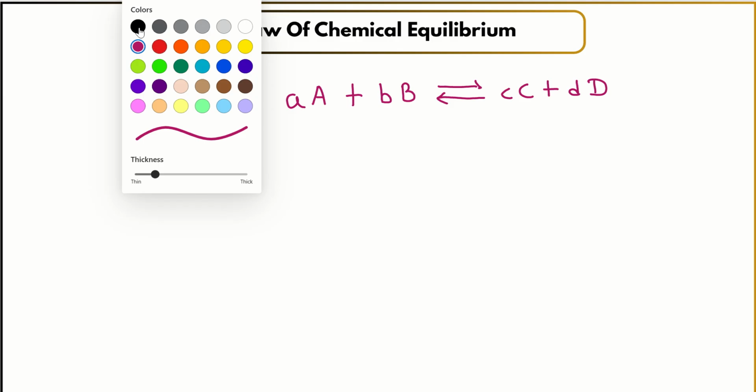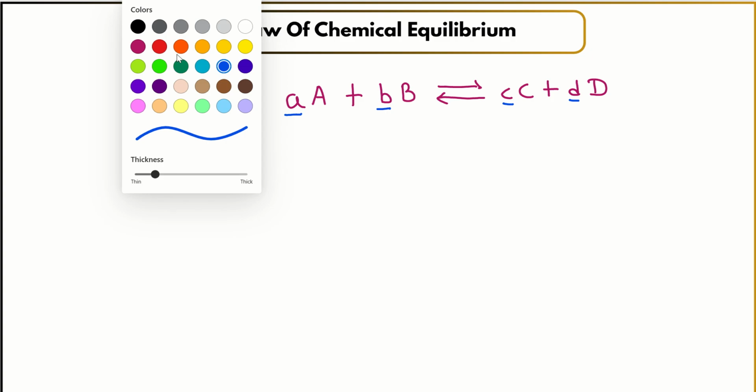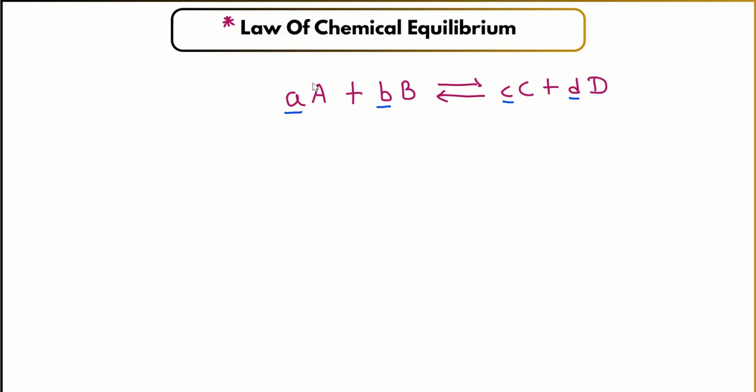As you can see, there are some small letters, small a, b, c and d, and these are the capital letters, capital A, capital B, capital C and capital D. So this reaction says that aA and bB will initiate the reaction of cC and dD. Now let's understand this in simple terms.